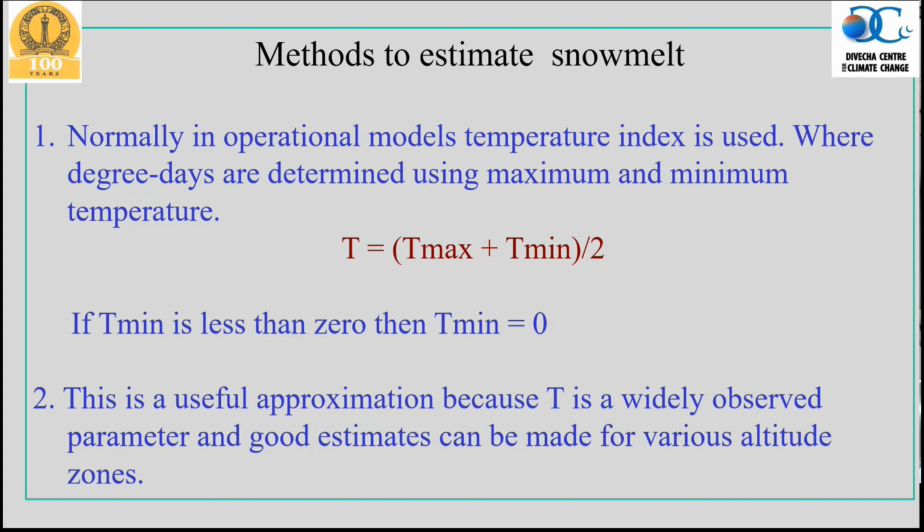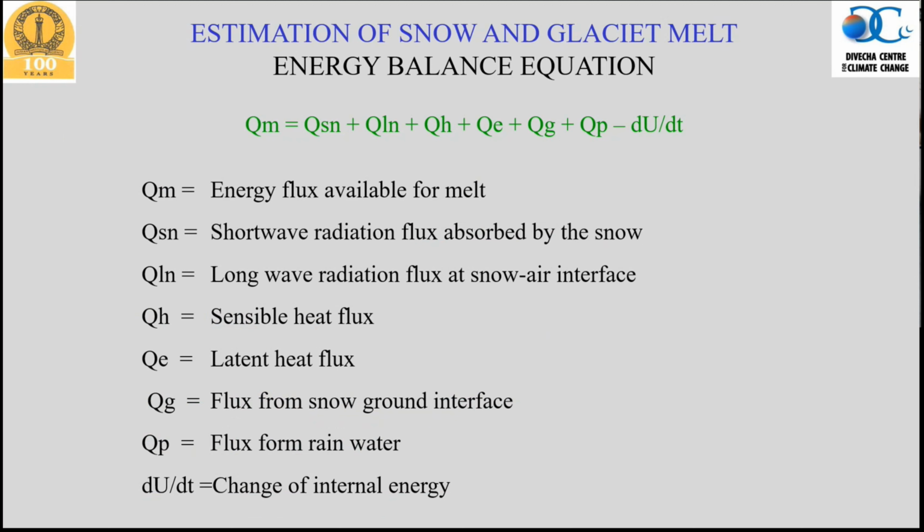Another idea is this. It is generally very difficult, because if you go into the previous figure, to know the latent heat flux or sensible heat flux, you require the wind, the change in wind, you require humidity, and so many other parameters, incoming shortwave radiation and outgoing shortwave radiation.